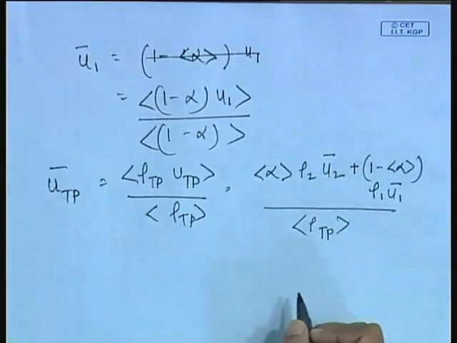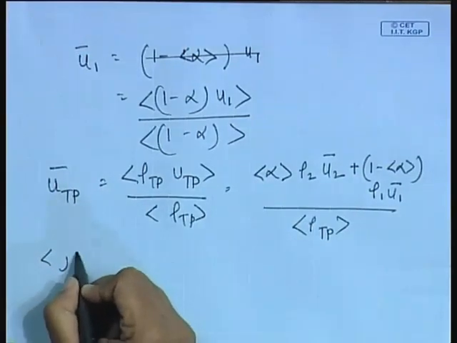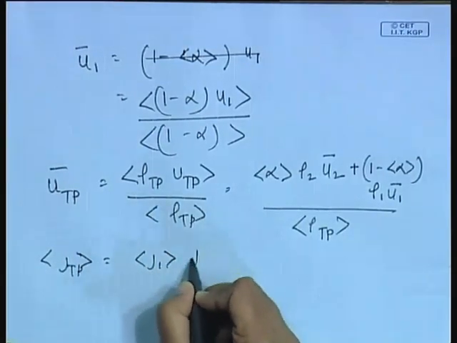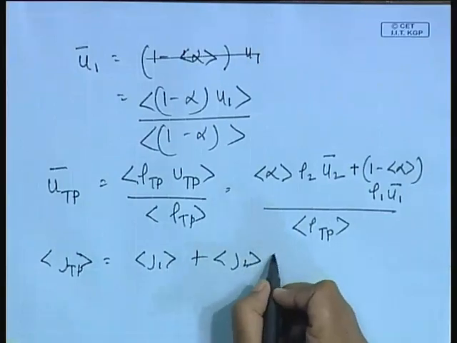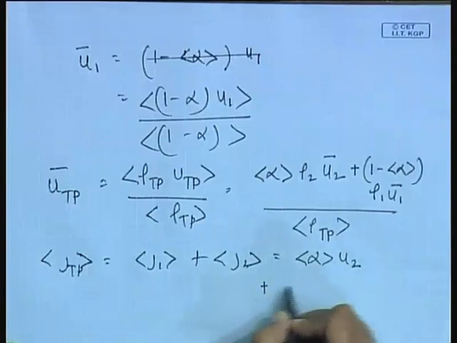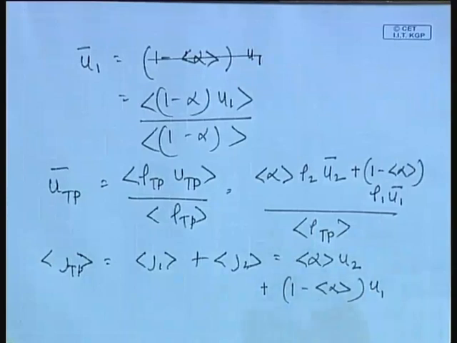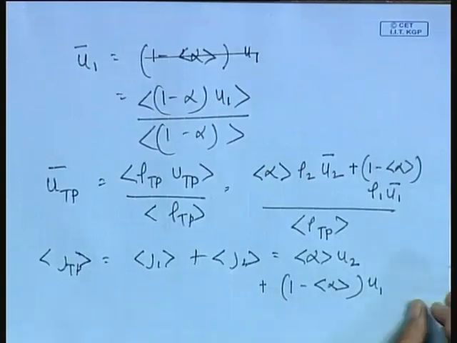And in the same way, if you find out the volumetric flux, say J TP, this is J1 plus J2. This is nothing but alpha u2 plus 1 minus alpha u1. Okay. So, in this particular way we can continue and define all the different properties.